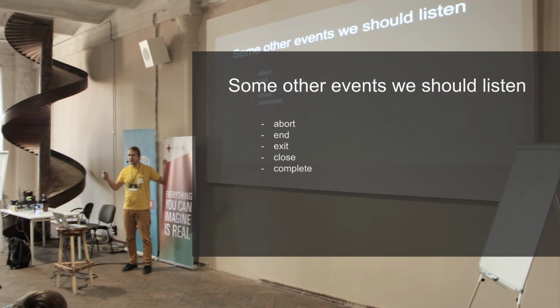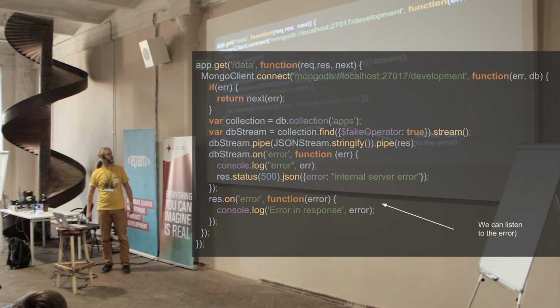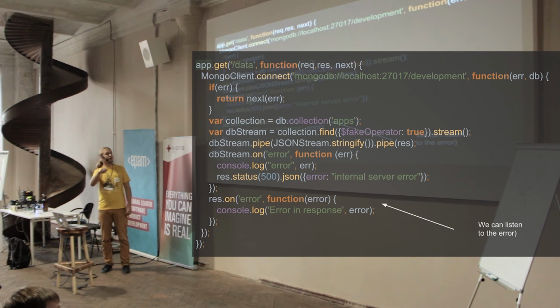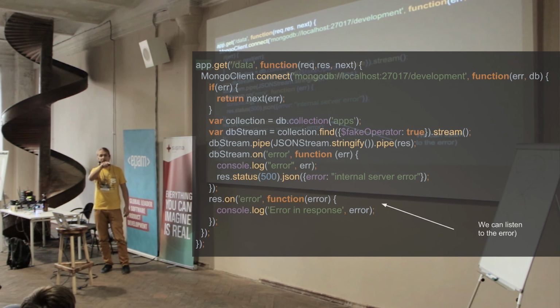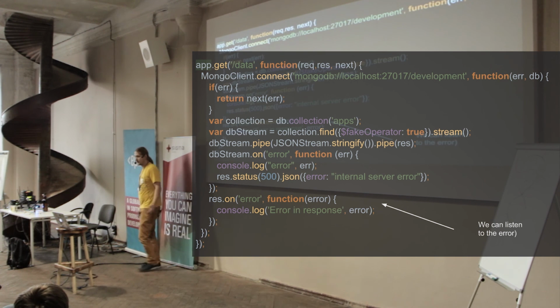And we need to listen to all of them. So you can imagine how big this code can be. Right here, we just listen to the error message of one stream, the writable stream, response. And in the middle, we also have an error here. And actually, at this stream, we can also get an error. And we also need to listen to all the errors in our pipeline. That's crazy.